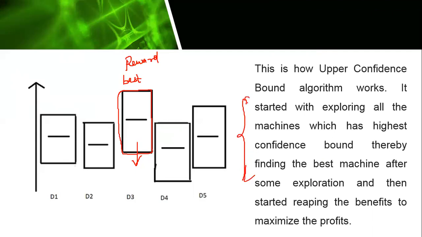Initially it will assume everybody is equal and calculate the upper confidence bound. As the reward increases, a new bound is calculated for the reward at time t. After certain runs, it is understood that this has the highest reward in the exploration phase, and then this will be taken for the further actions.